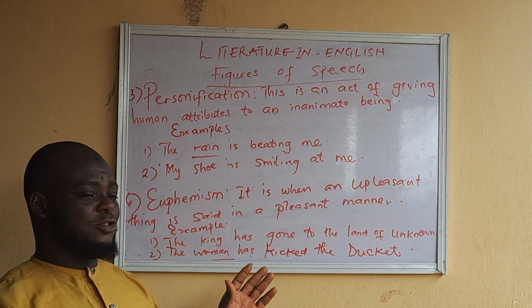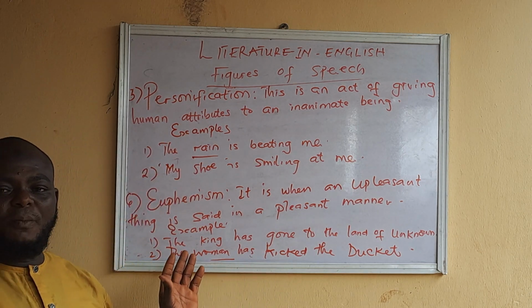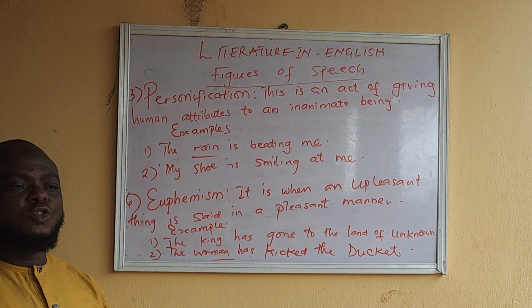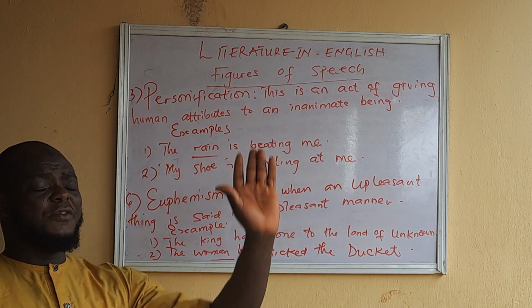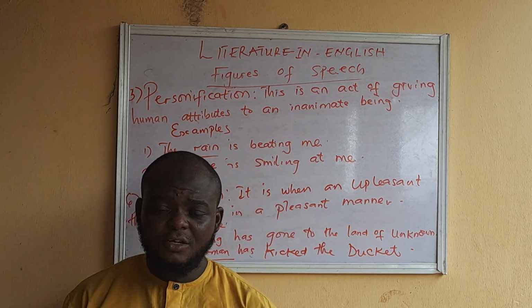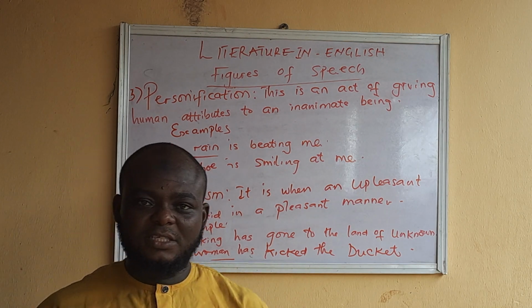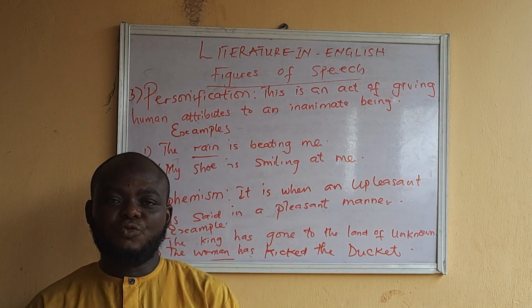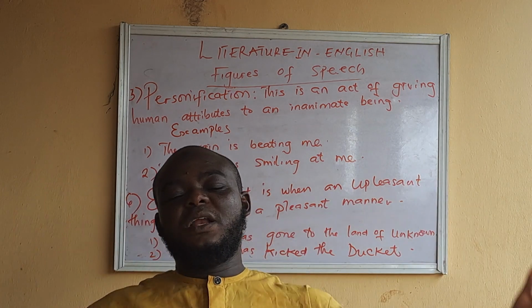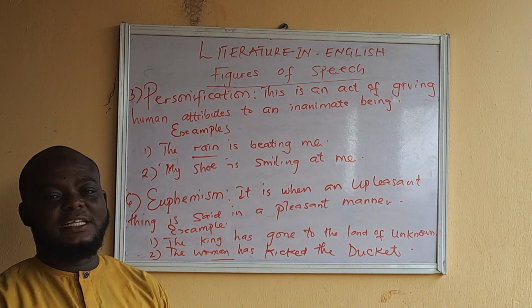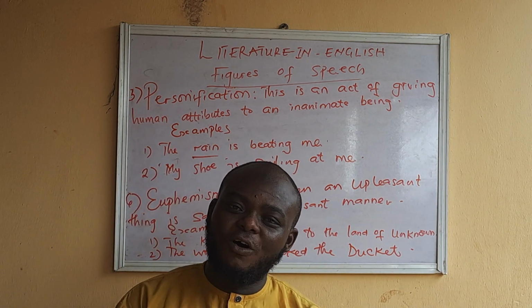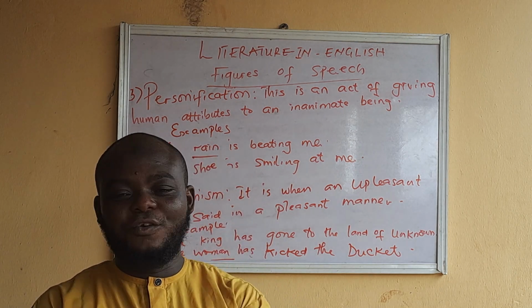So today, we are stopping here. Number 6. We stop at number 6. If you have more examples of each of the figures of speech we've discussed today, you can just comment on the comment section. It will be of benefit to me. It will be of benefit to other people in the society as well, because no one is an island of knowledge.